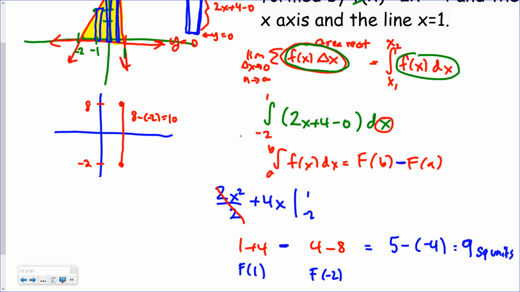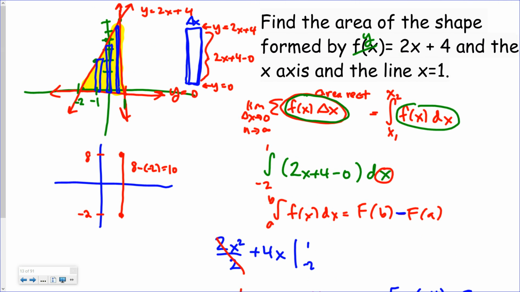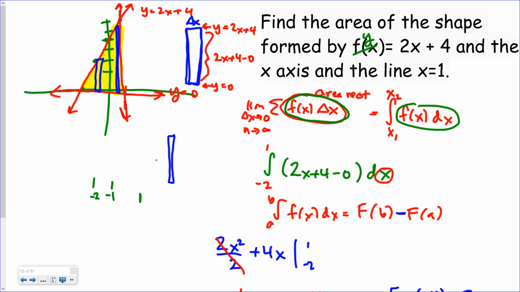And let's see if that makes sense. I can actually go up here and look at this triangle, and find its area, not using calculus this time. I can find the area of the triangle using geometry, right? It's a right triangle here. What I'm going to do is get the formula for a right triangle: the area is equal to 1/2 base times height.